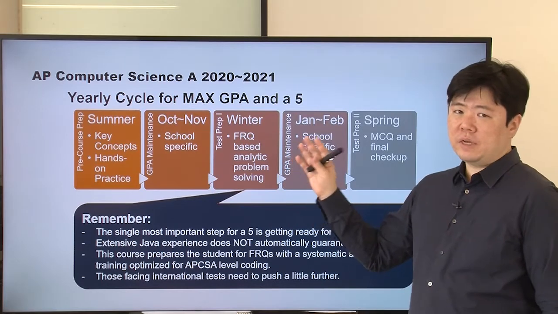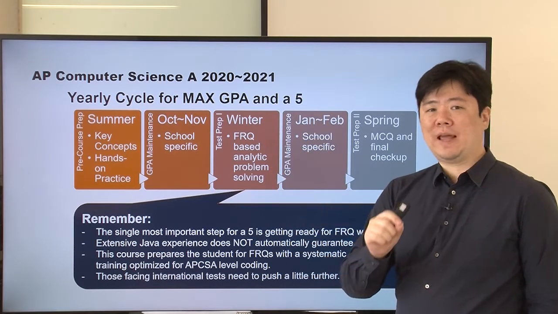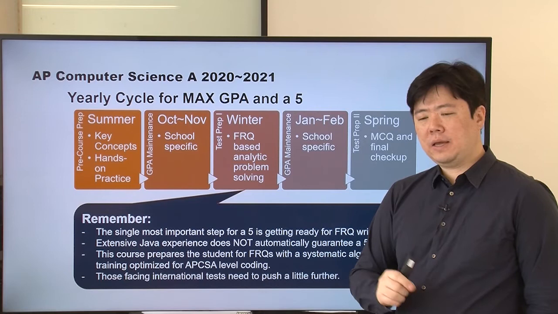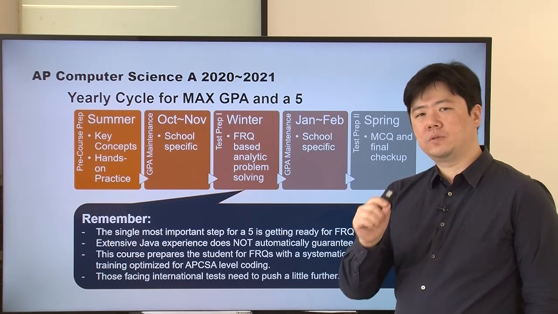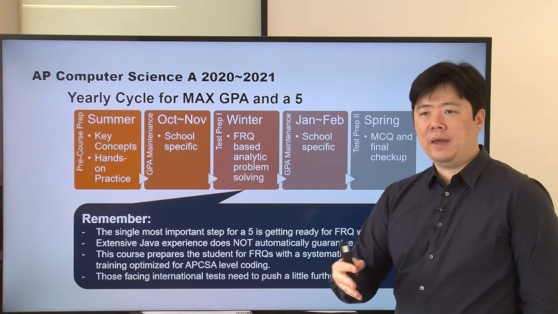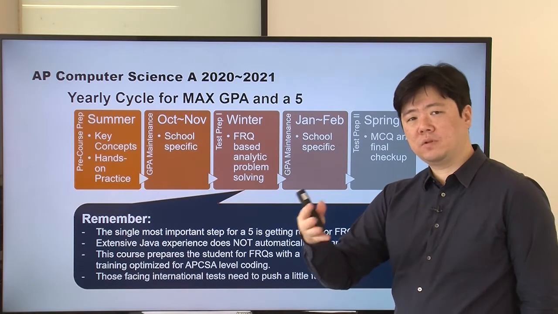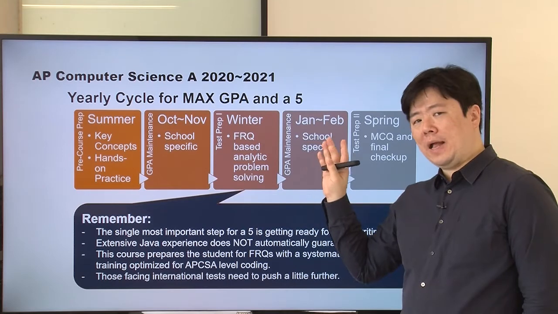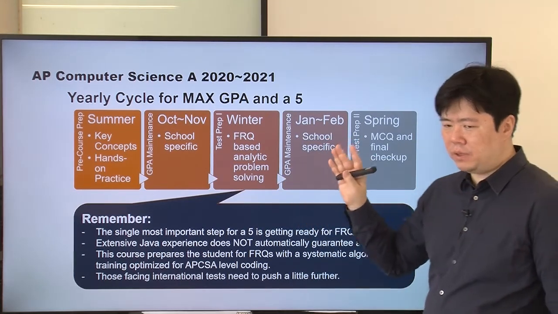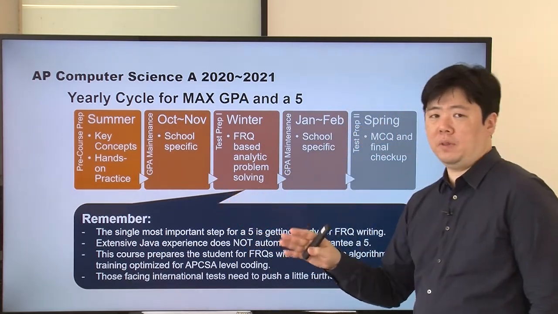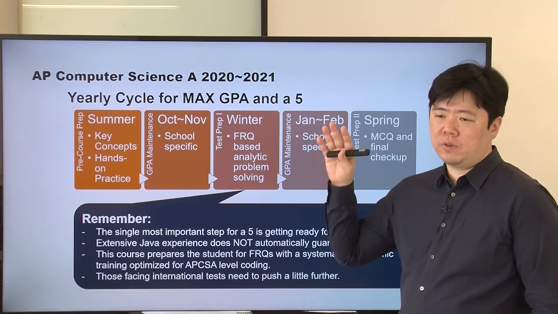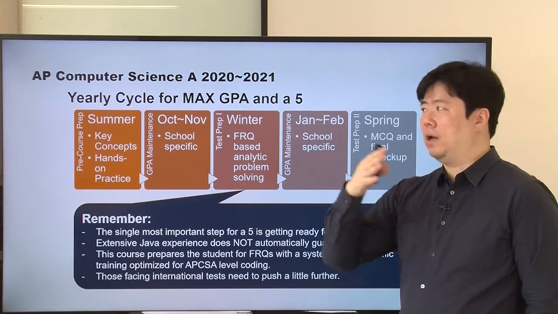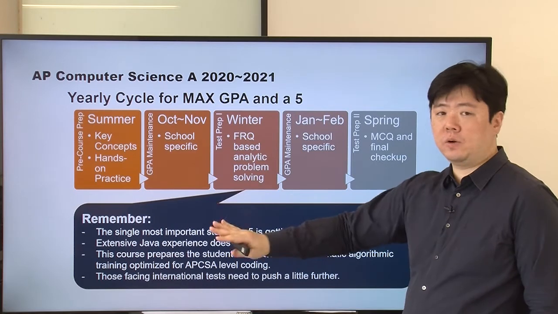But for the test taking, it focuses on algorithms. It actually gives you a problem and wants you to solve the problem in a certain way. And how to solve a certain problem in a certain way is what is called an algorithm, right? So you need to focus on an algorithm-based approach on a particular problem set that is really popular in the FRQ, and that is one of the most important things you have to cover at least by the winter. And this lecture focuses on that.